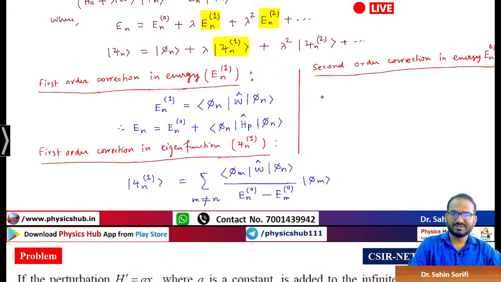Look, the second order correction in energy En2 is given by this formula, sum over m not equal to n. Only the difference will come here.